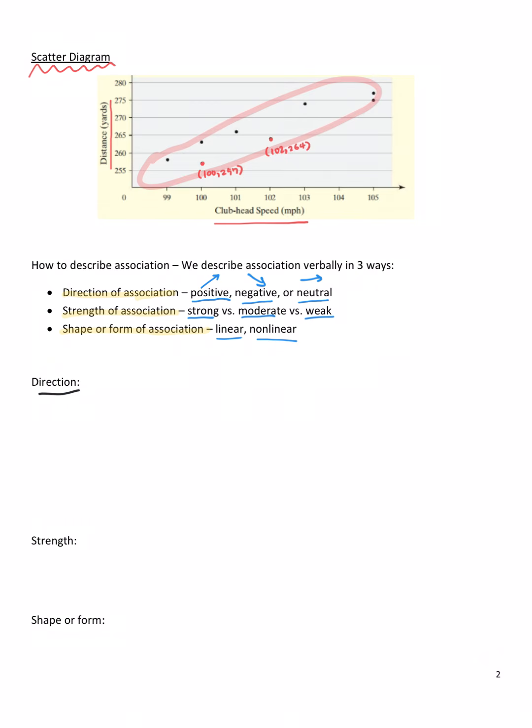So if we say that the direction of association is positive, this essentially means that as the value of x increases, the value of y generally increases with it in response.